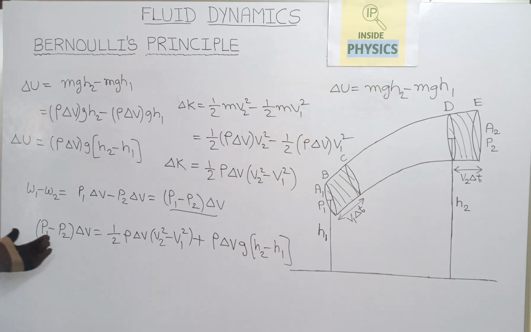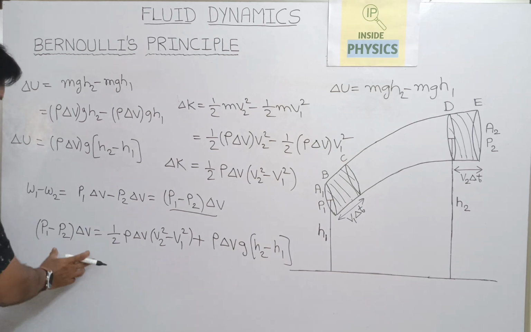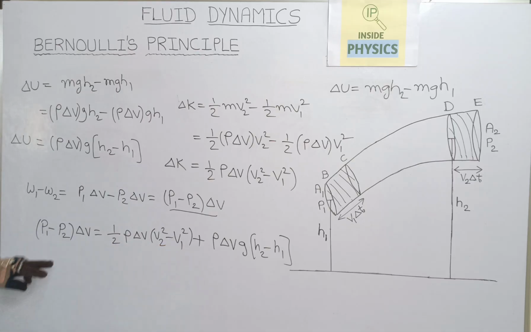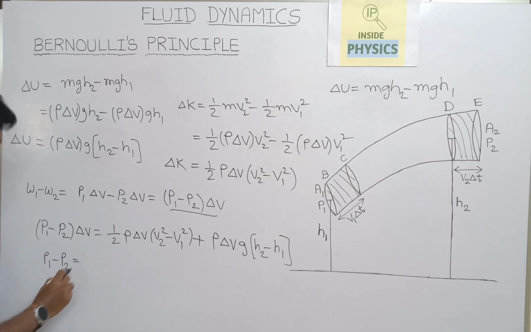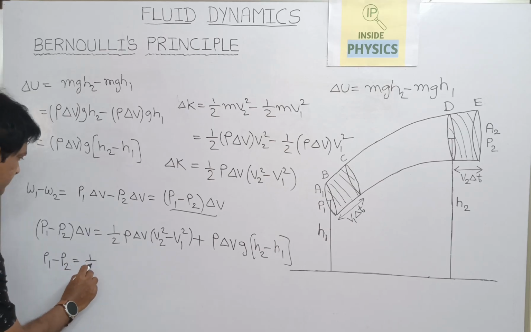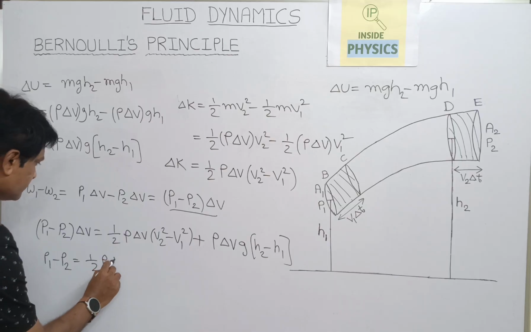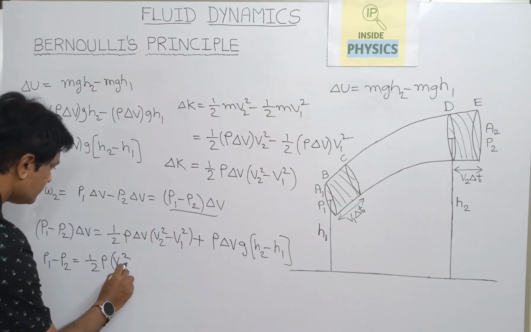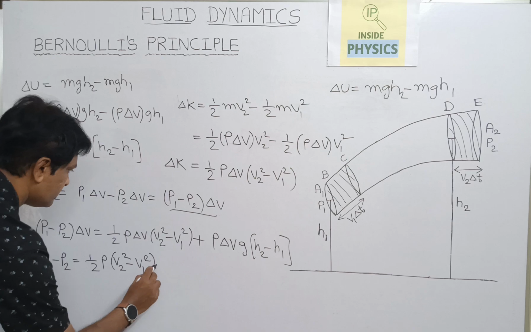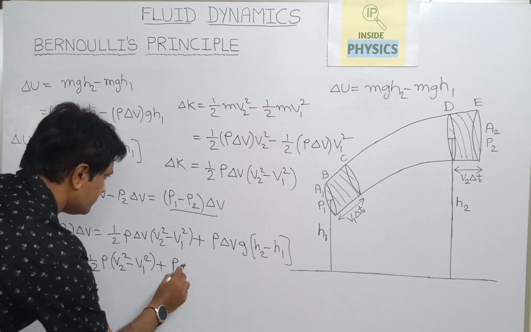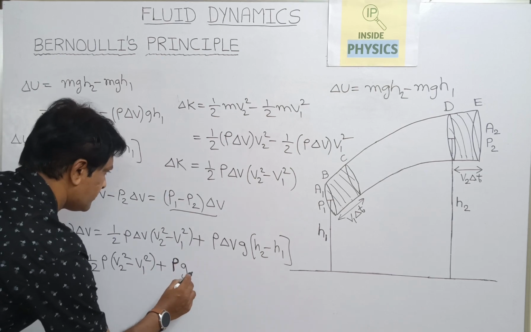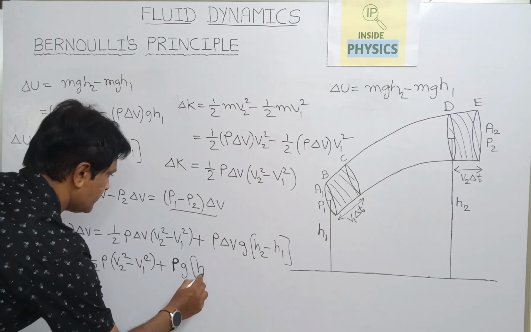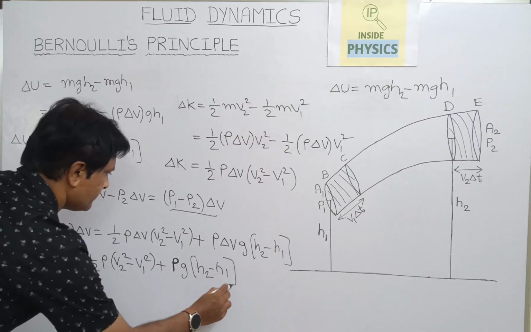So here, if you divide the left hand side and right hand side by this value delta V, that means volume, we get P1 minus P2 is equal to half rho (V2 square minus V1 square) plus rho g into (H2 minus H1).